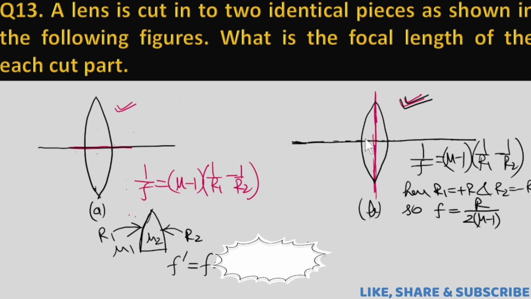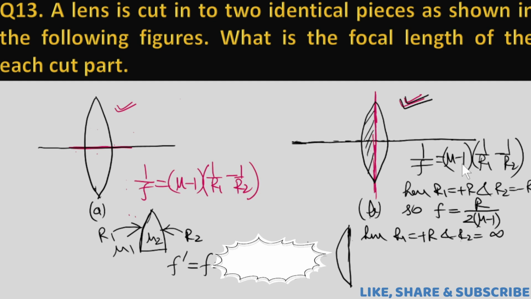When the same lens is cut in two equal halves along a line perpendicular to the principal axis, then the left side of the cut part should look like this. Here, R1 is equal to plus R and R2 is equal to infinity, because this surface now has become plane.